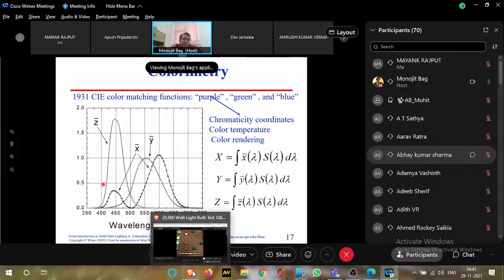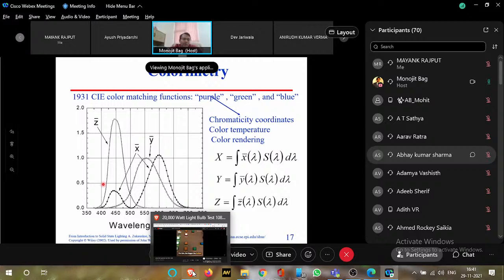So if you have some sort of a spectrum, how do I split it into these 3 coordinates? I have to define these 3, x, y and z. Probably the next slide will be more clear. This CIE is an international organization which does this chromaticity coordinate. What they do is, if I have some color, can I define it using some sort of a coordinate?